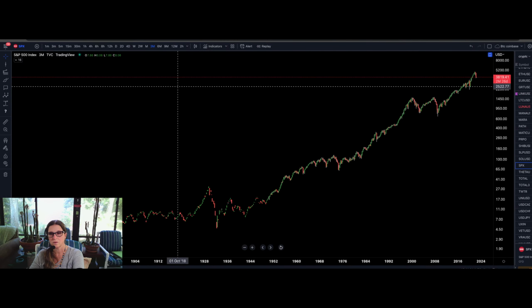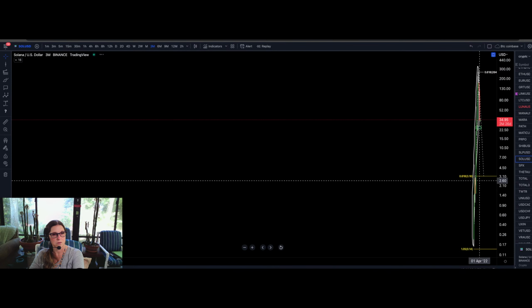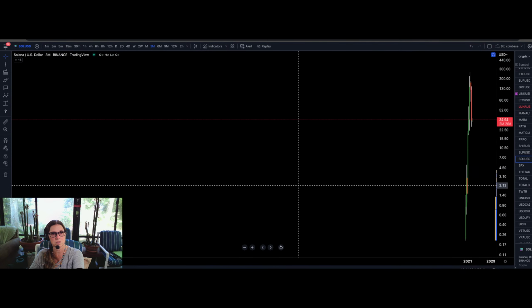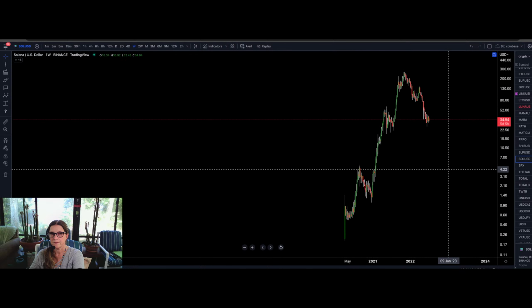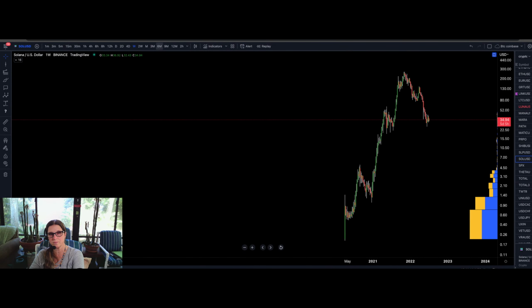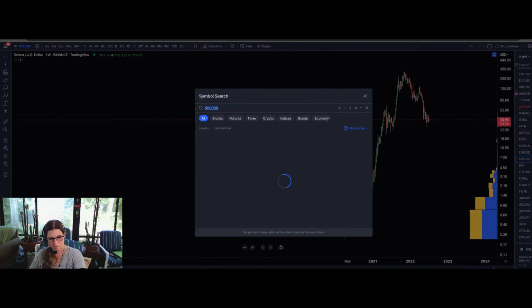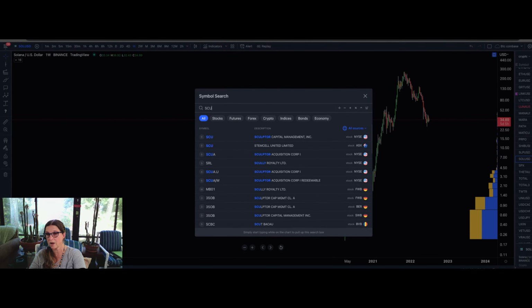You have to go down to the weekly to even see it, and I was up on the 3-month for the SPX. I hope that makes more sense, guys. And I would rather have a wave 2.